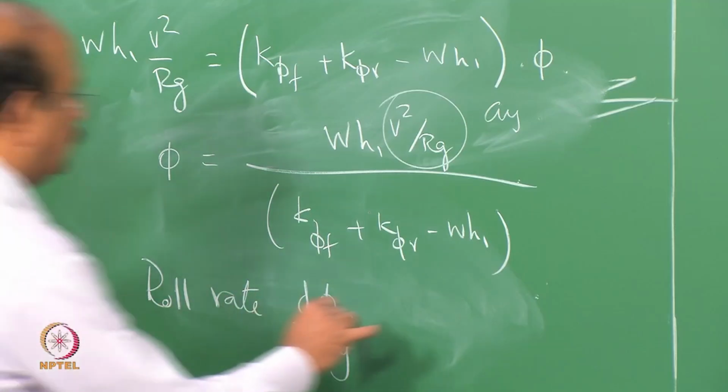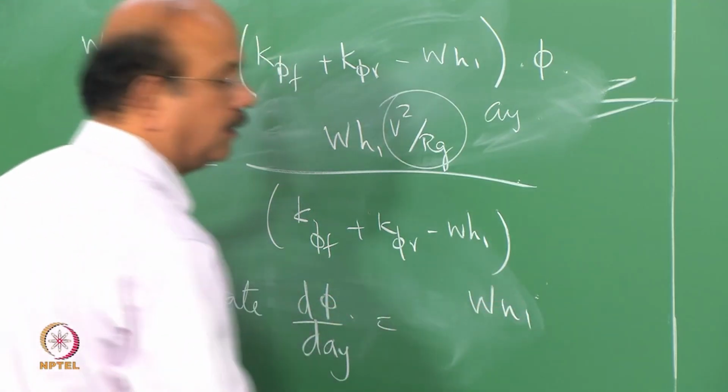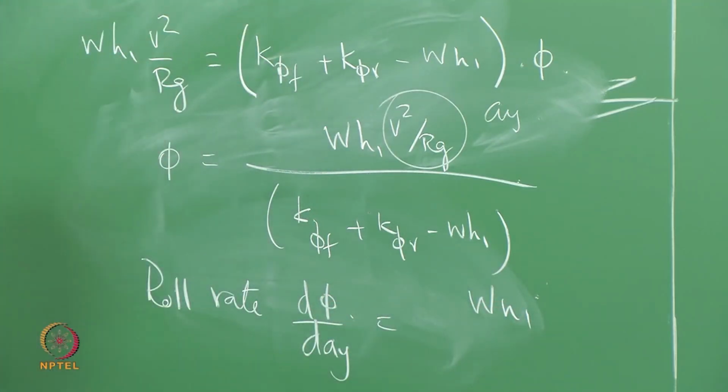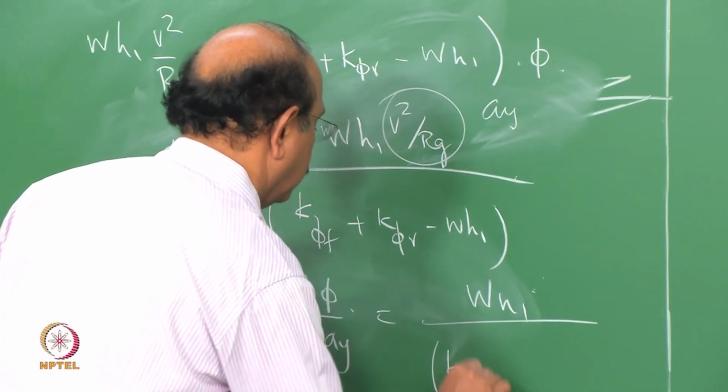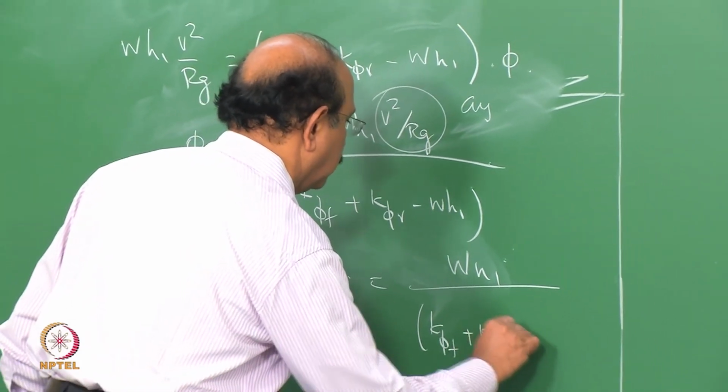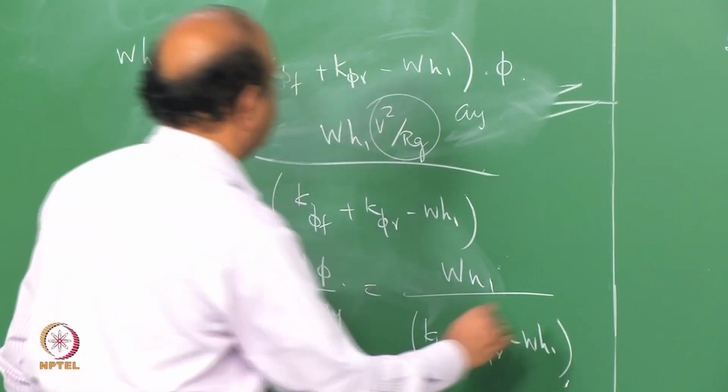So this would be WH1 divided by K phi F plus K phi R minus WH1.